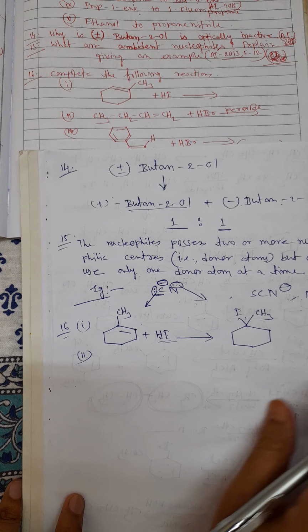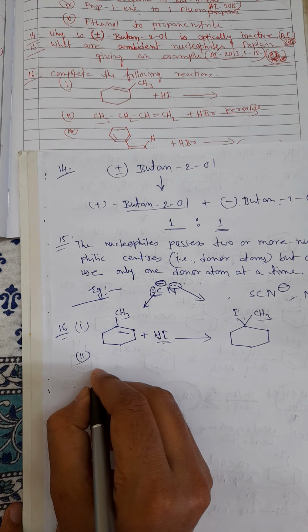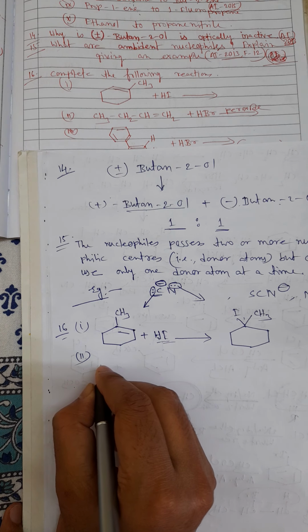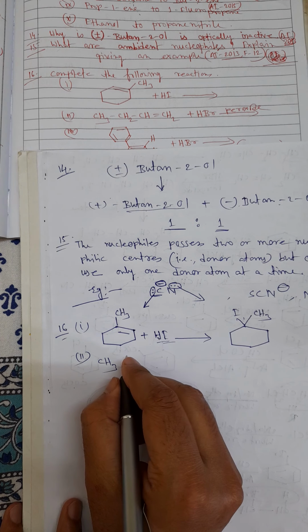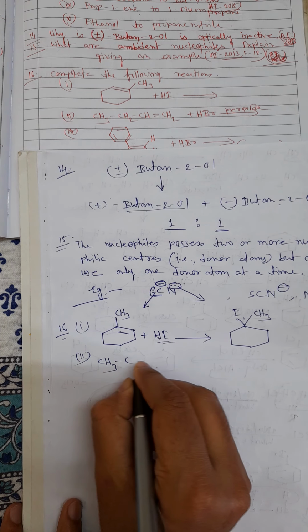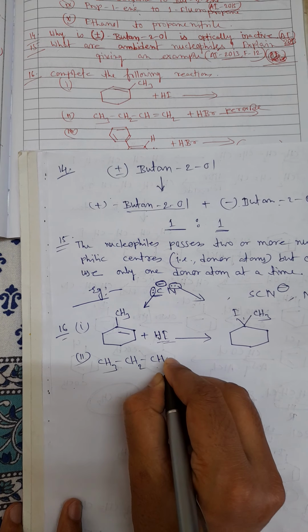Now let's come to the next question, that is when but-1-ene is treated with HBr in presence of peroxide, then you will get 1-bromobutane, because here the anti-Markovnikov's addition will take place.